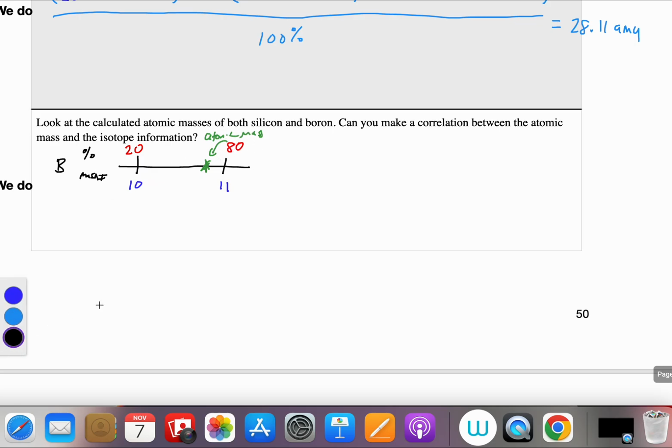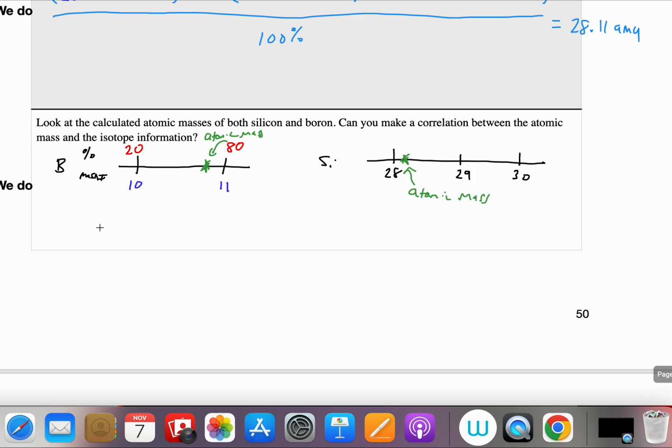We can do something similar for silicon. We were given 3 different isotope masses, a mass of 28, a mass of 29, and a mass of 30. The weighted average came out to be 28.11, so that would be about right here. That's our atomic mass.